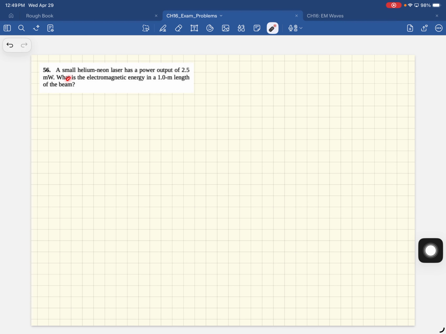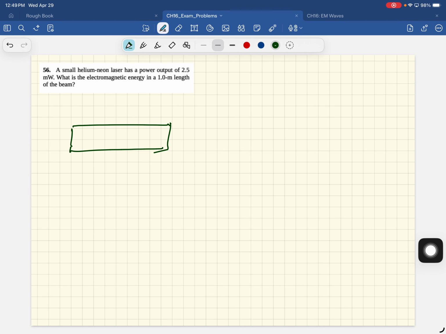So this problem says a small helium neon laser has a power output of 2.5 milliwatts. The lasers that you can go buy at a little store, that's 2.5 milliwatts. What is the electromagnetic energy in a 1 meter length of the beam? Okay, so this is 1 meter long.